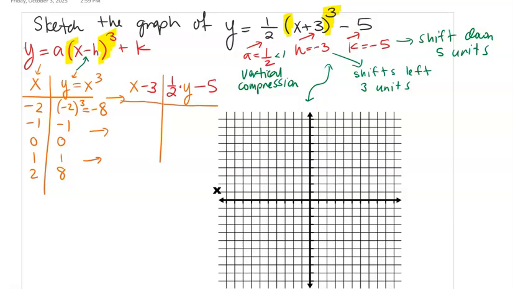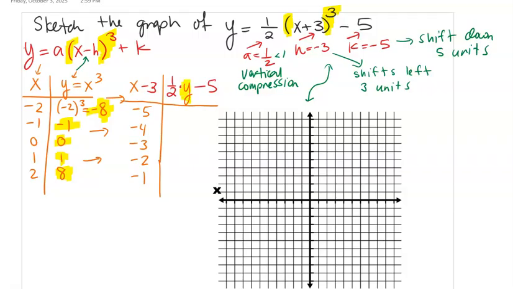So I take these -2, -1, 0, 1, 2, I subtract 3 from each of them. And that helps me shift all of these points to the left 3. Then I take all of these y values. So the -8, the -1, the 0, 1, 8, which this is what I got after I cubed x. So this is taking care of the cubing part, right?